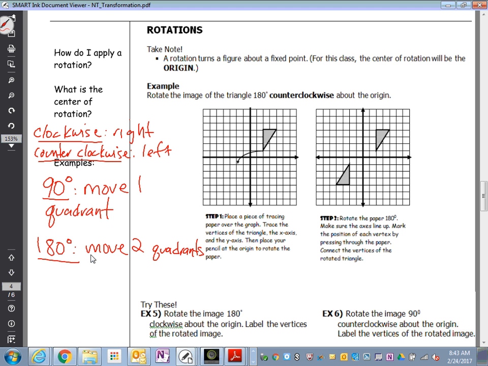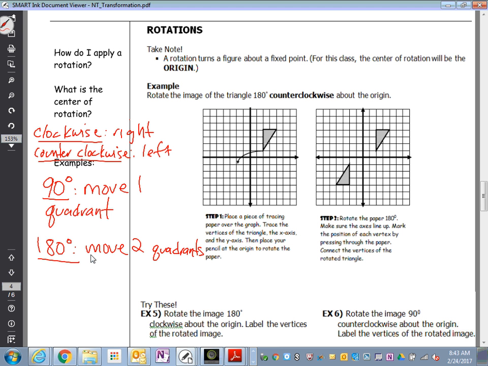Exactly. You will end up in the same location, right? It doesn't matter if you go this way 2 quadrants or this way 2 quadrants. No, I said 180. That's 2 quadrants. So it doesn't matter if you go counterclockwise or clockwise, you end up in the same spot. Okay.